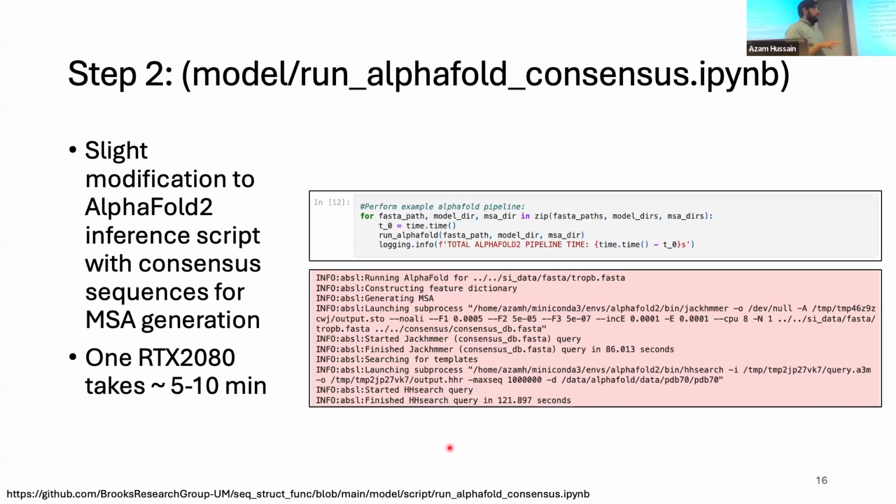Ideally, you can look at multiple notebooks in the course of a day and understand the pipeline. If errors are thrown because you don't have a GPU, you can just skip to the next notebook. None of them rely on the output of the previous one, so you can jump in anywhere. If you don't care about the consensus sequence, I won't blame you. It's not as interesting as AlphaFold, so I would just go to this notebook.